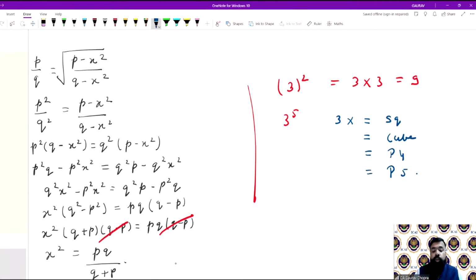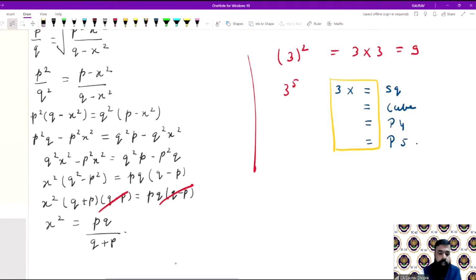So in order to calculate 3 to the power of 5, we have to press simply these figures: 3 multiply and equal to, 4 times, and you will get the result. Similarly, if you have to calculate 4 to the power of 4, then 4 multiply equal to, 3 times.